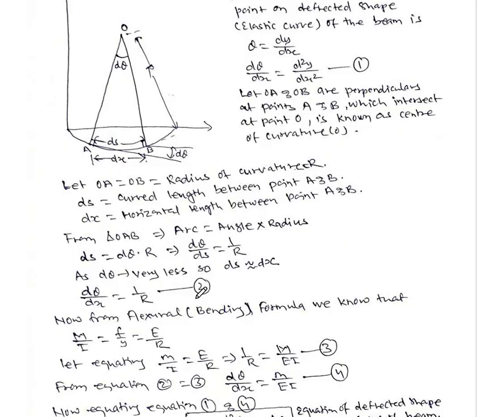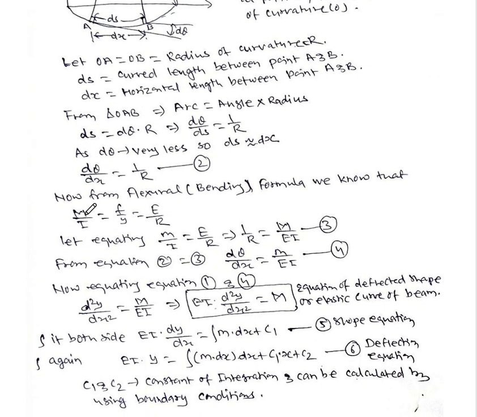Now we know from the flexural formula or bending formula that M upon I equals F upon y equals E upon R. M is the bending moment at any section. I is the moment of inertia about the centroidal axis or neutral axis. F is the bending stress or flexural stress at a distance y from the neutral axis.